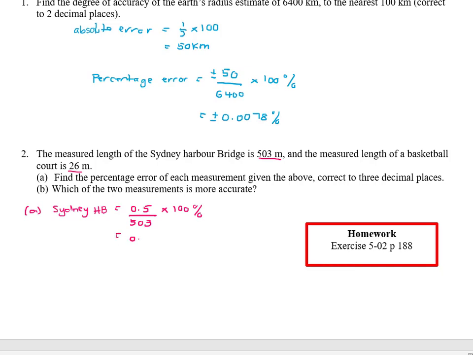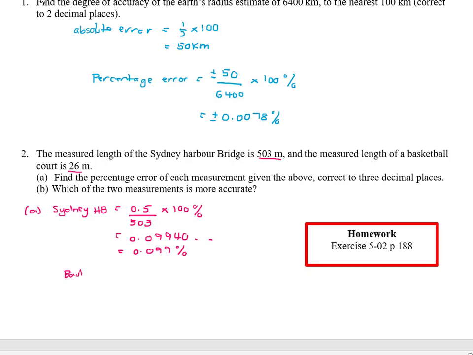And I get 0.09940. So to 3 decimal places, that's 0.099%. Now I'm going to do the whole thing again for the basketball court.